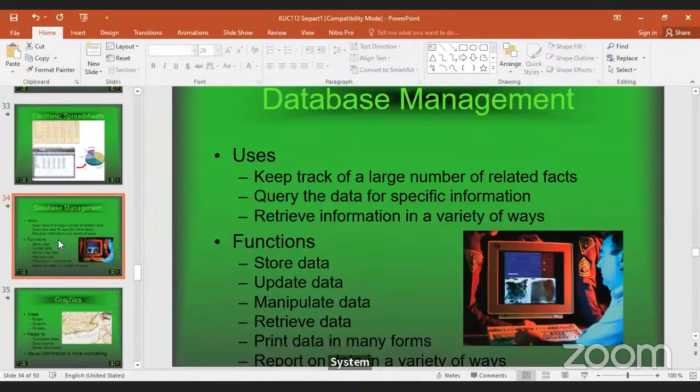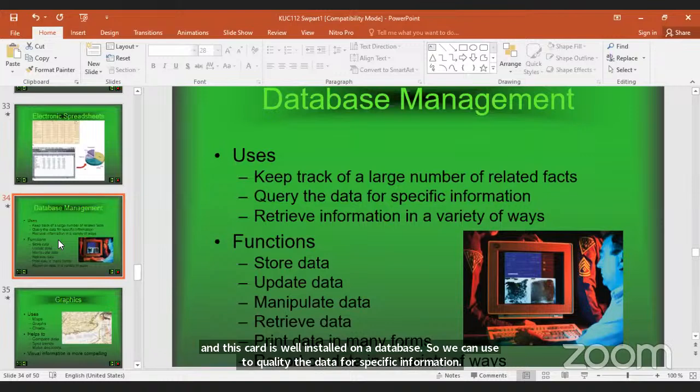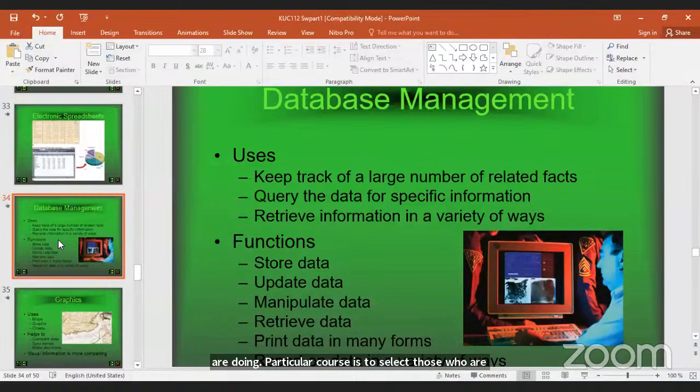You can query the data for specific information. You can use a database to select all students who are doing a particular course, students who are in the hostels, or students who are in second year. So these are functions of the database. You can use a database to store, update, manipulate, retrieve, print, and report data.